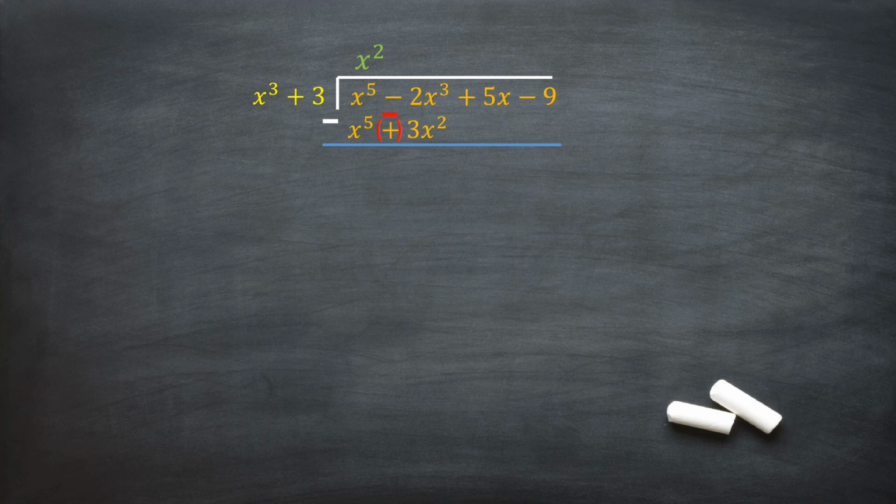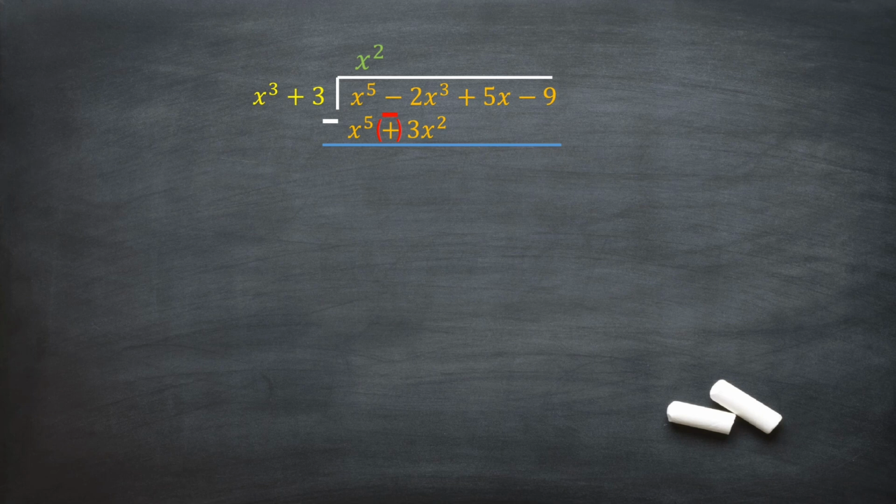Before subtracting, we should always recall that when we subtract polynomials, the subtrahend, or the polynomial below, will change all of its signs to the opposite because we will be distributing the negative sign to each term in the subtrahend. As shown on your screen, the positive x to the power of 5 is now negative, and the positive 3x squared will now be negative as well, because we distributed the negative to each term, the x to the power of 5 and 3x squared.